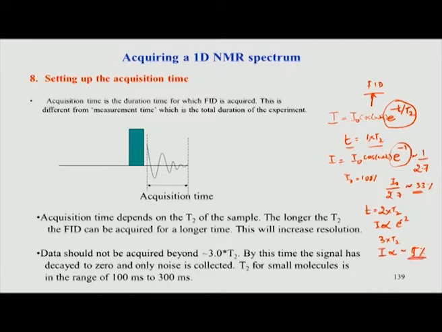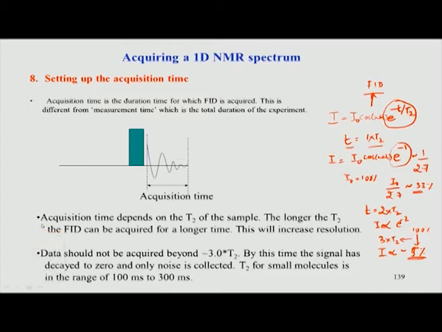That means the signal has come down from 100% when t is equal to 0 to about 5%. So, this reduction has happened by using 3 times T2. By 3 times T2 the signal has reduced by 95%.